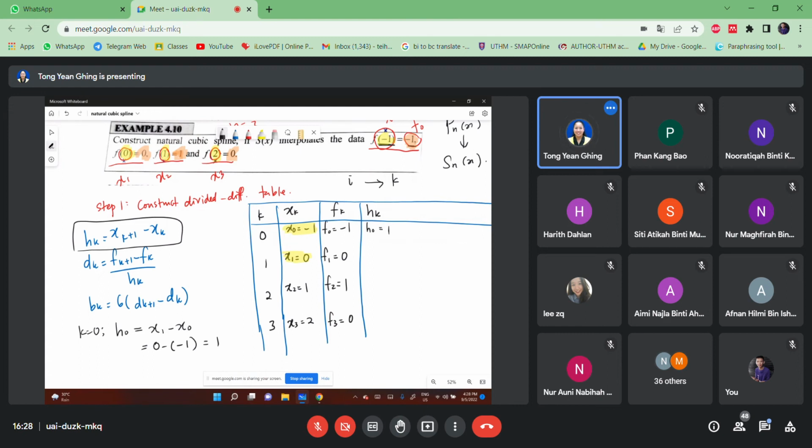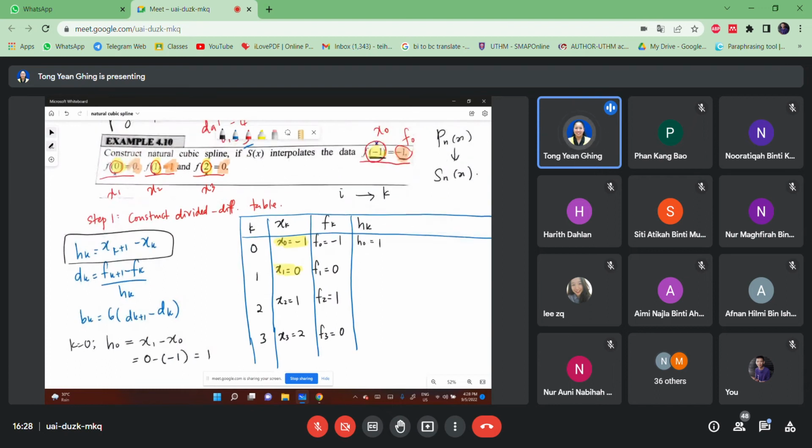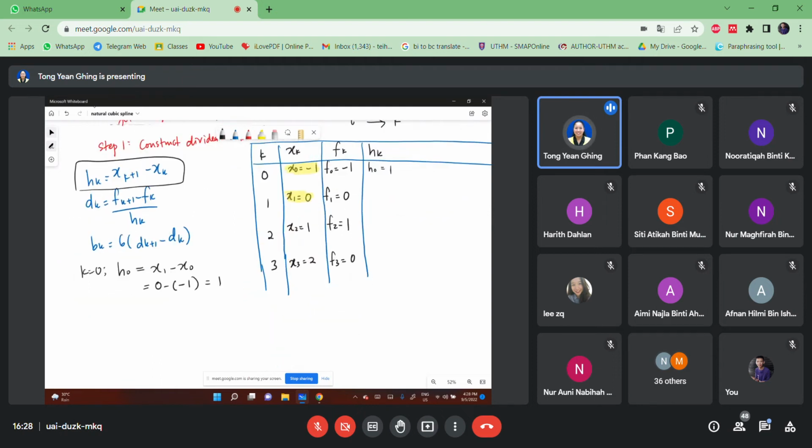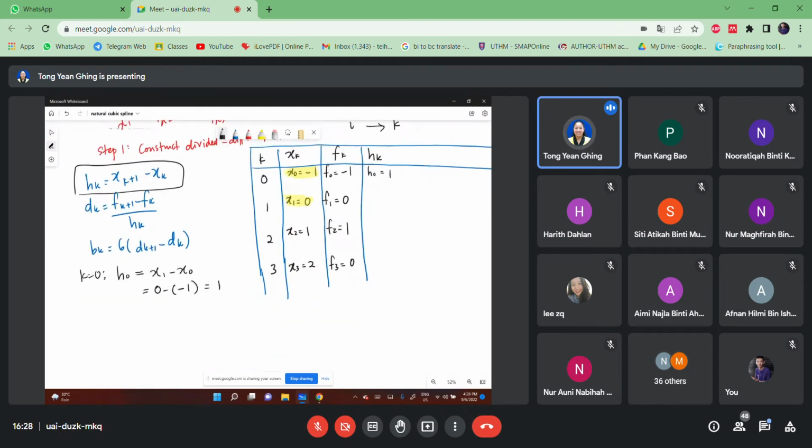Okay, now since here we have n is 3, remember that we have to calculate until k equal to n minus 1. So start from k equal to 0, k equal to 1, k equal to 2. For k equal to 1, H1 is x2 minus x1, that means 1 minus 0, so it becomes 1.